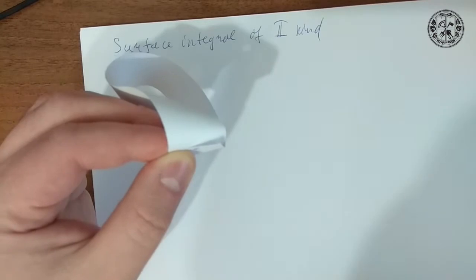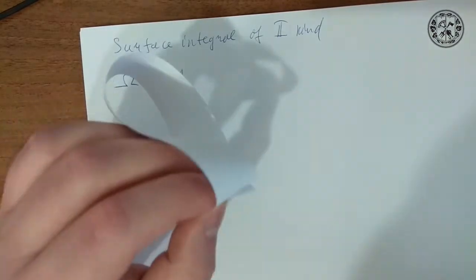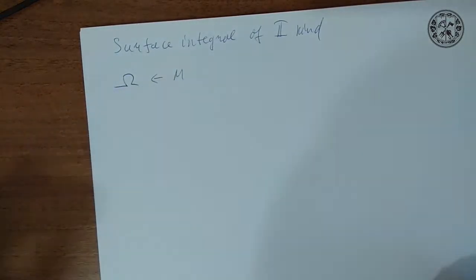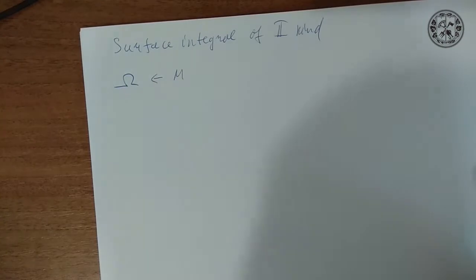So this surface is called one-sided. If we cannot do this for any point of omega, this surface is called two-sided.